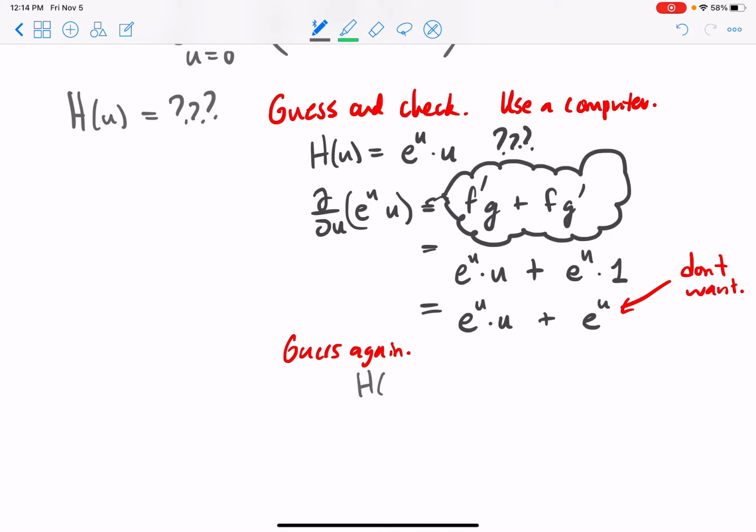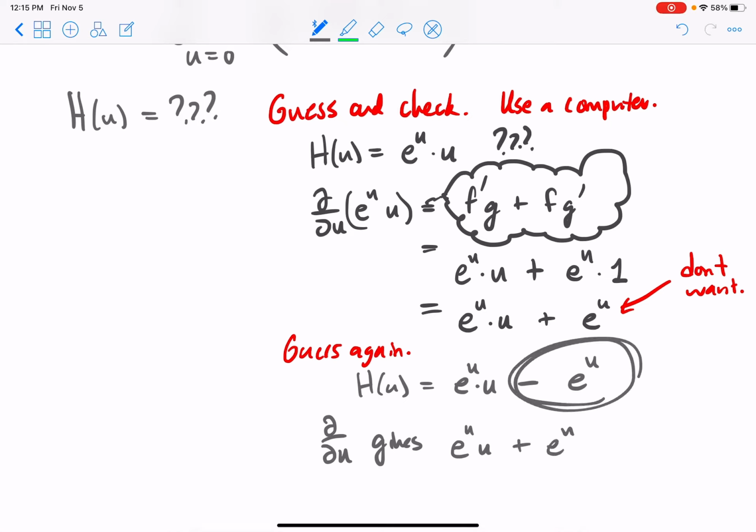Let's say that capital H is e to the u times u plus, or how about minus, e to the u? Okay, let's check. The partial in u gives, well, we already did this one. We get this plus e to the u.